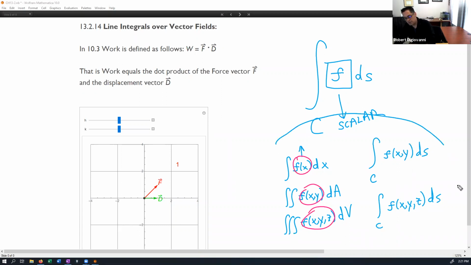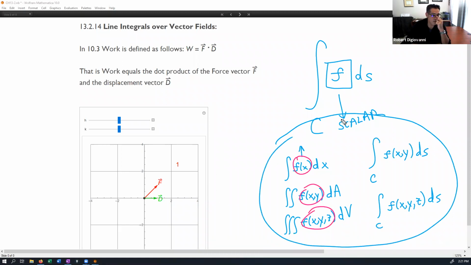All of these are integrals where the integrand is a scalar function. When I say scalar function, I do not mean that it's just a number, like normally when we think scalar, we think of a number. Scalar function means that it is just a function of x and y. There are no vectors involved, okay? It's just like x squared y or sine of x plus y or something like that.